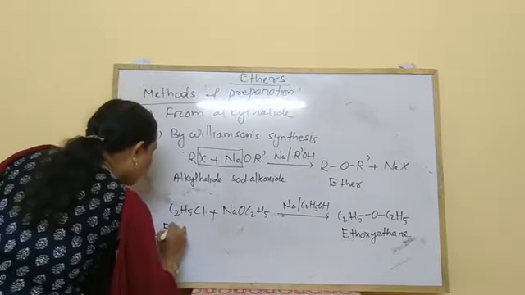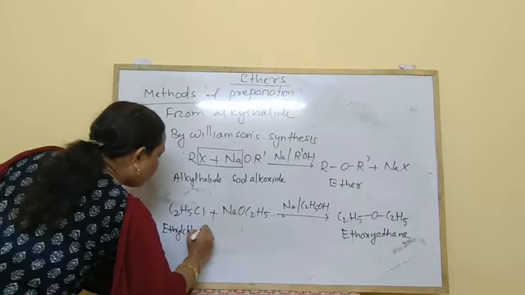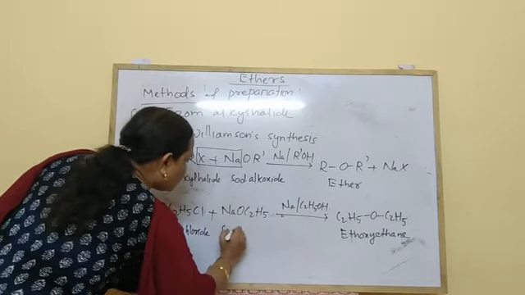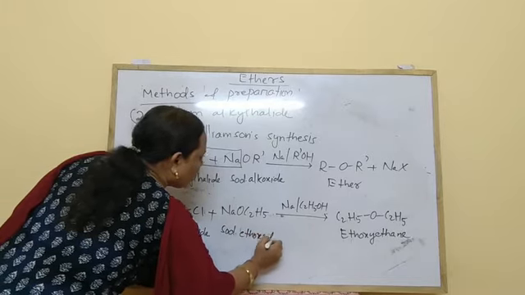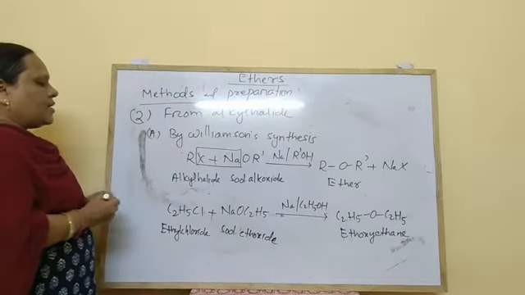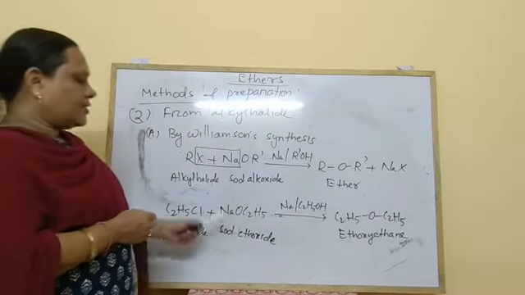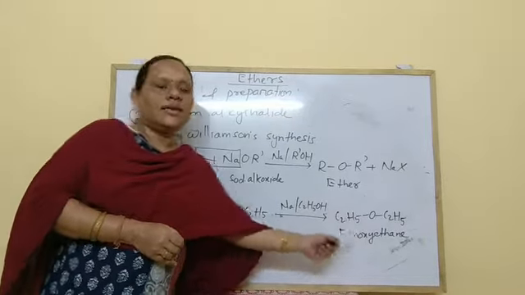This is ethyl chloride. This is sodium ethoxide. So when an alkyl halide is treated with sodium alkoxide, it forms an ether.